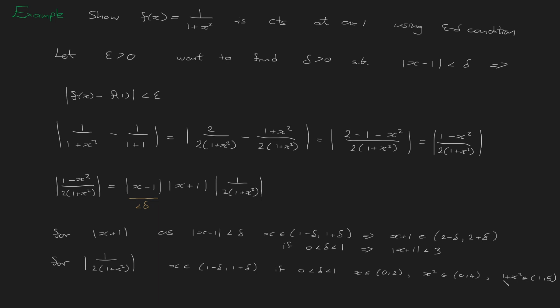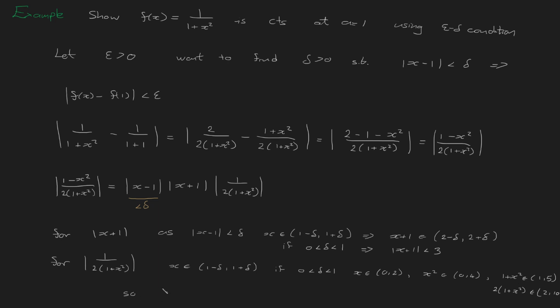And so all told, as long as 1 plus x squared is an element of (1, 5), maybe I want to account for the 2 as well, although I can just more or less read that off. So this denominator lies between 2 and 10.